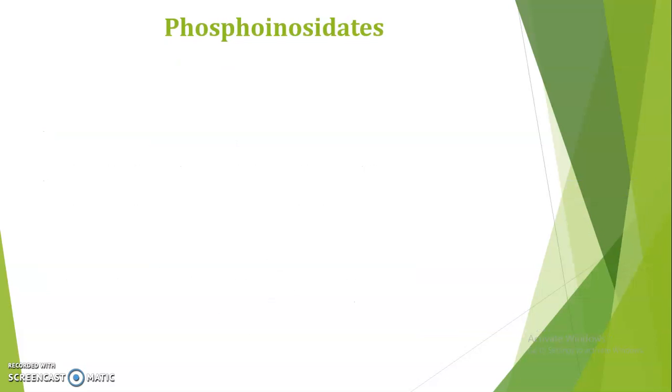Then the second type that we are going to discuss today is phosphoinositides. Phosphoinositides are found in the phospholipids of brain tissue. So whatever brain tissues are present, the major component of these brain tissues is phosphoinositides.